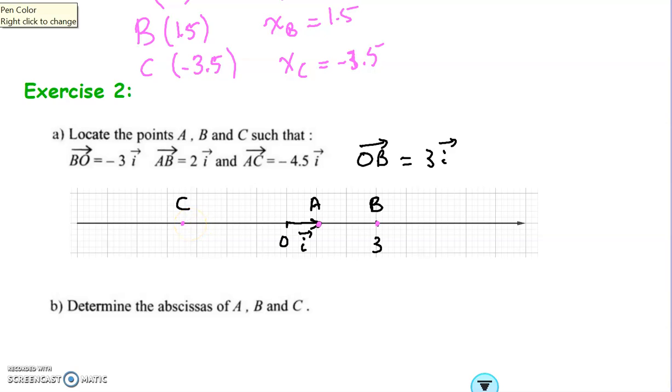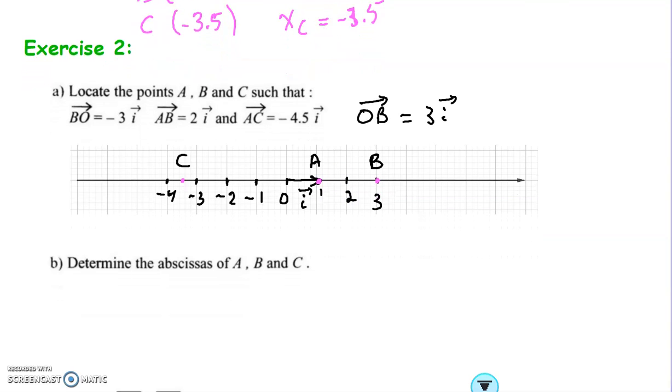So let's number the axes. So this is minus 1, minus 2, minus 3. This will help us find the coordinates from the number line easily. Minus 4, and of course 1, 2, and 3.